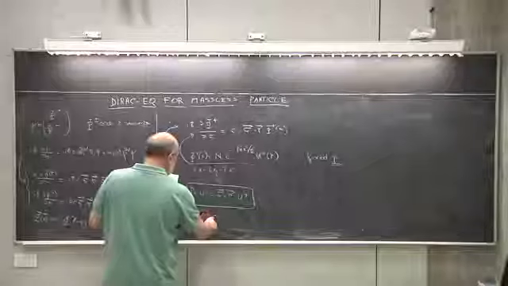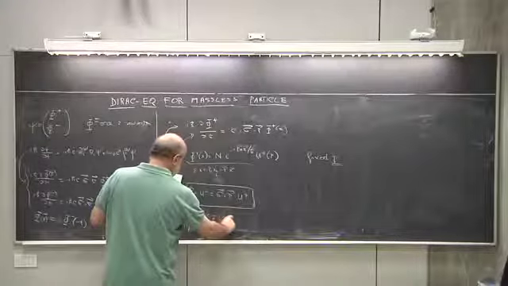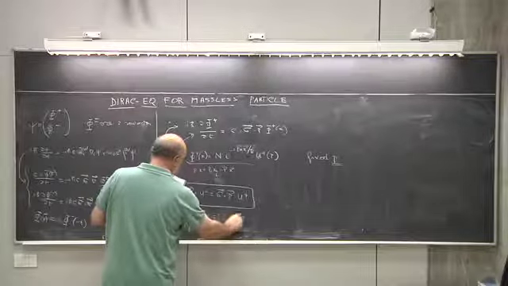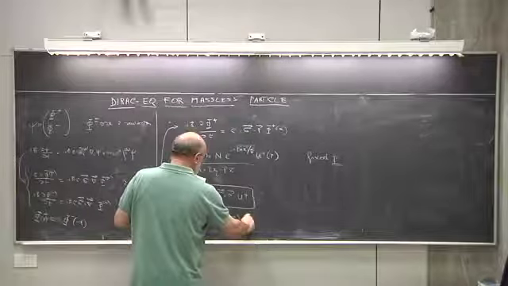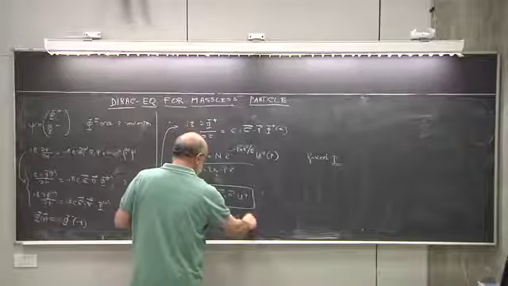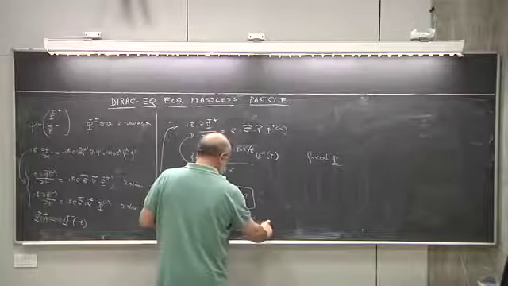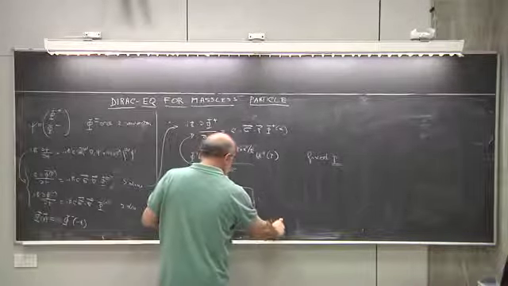Then use the famous formula that tells you σ·A times σ·B is equal to A·B plus iσ·(A∧B).